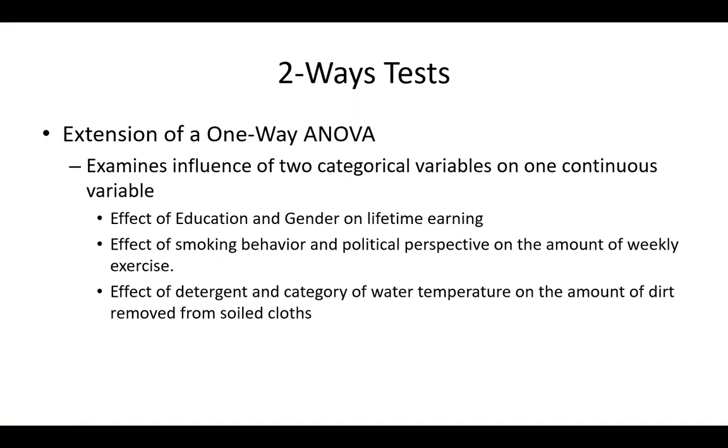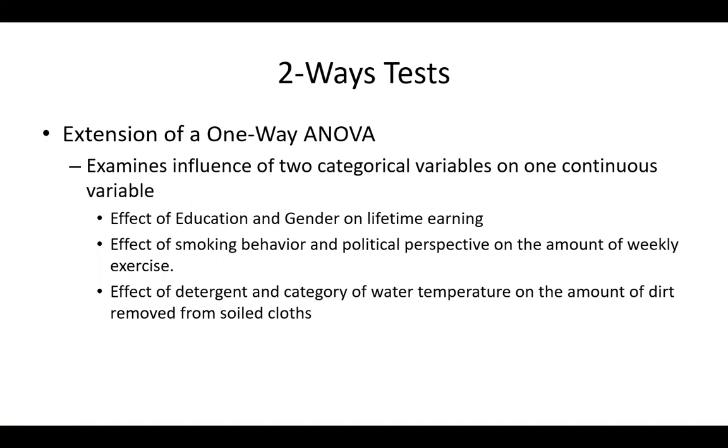The effect of smoking behavior on political perspective, on the amount of weekly exercise. Three weird things to go together, but dang almighty, do we get weird things emerging all the time? Where whether a person smokes or not, their political ideas and thoughts, and then how that associates with the exercise regimen.